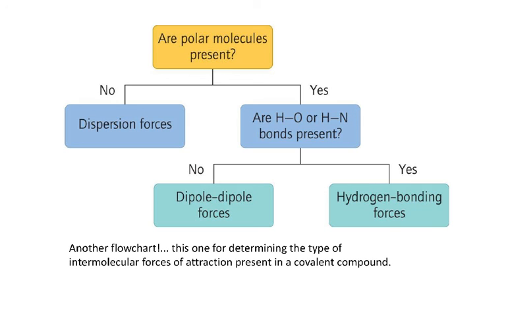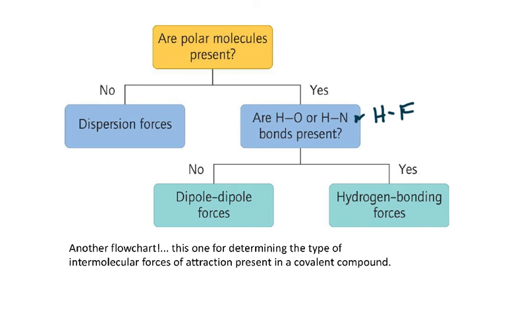So first question is, are there polar molecules? If the molecules are not polar, then the strongest intermolecular force is dispersion forces. If yes, then we ask, are H-O or H-N or H-F bonds present?